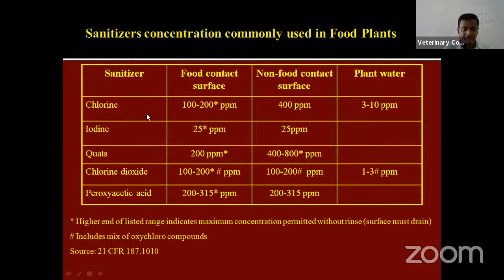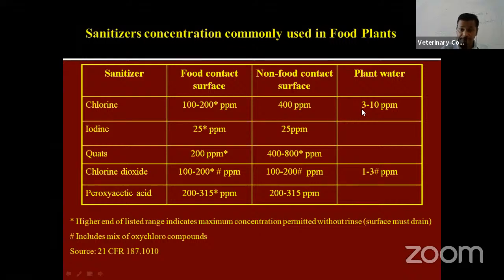Then there is plant water, meaning the water that is supplied in the plant, because obviously you cannot provide sterile or distilled water to the plant. After all, you supply the water from any water source, such as groundwater, bored well, or surface water, which is rendered safe by treatment, municipal supplies. Under such circumstances, microorganisms are present even in the water.